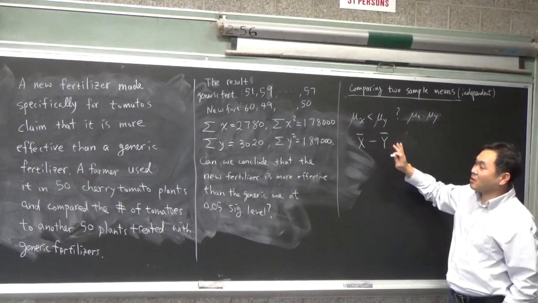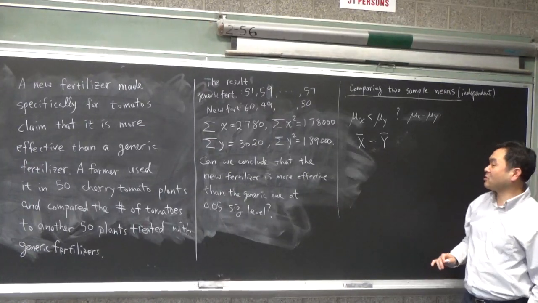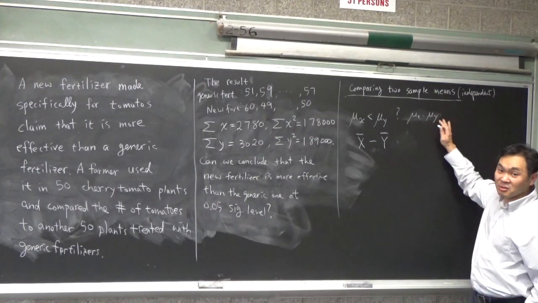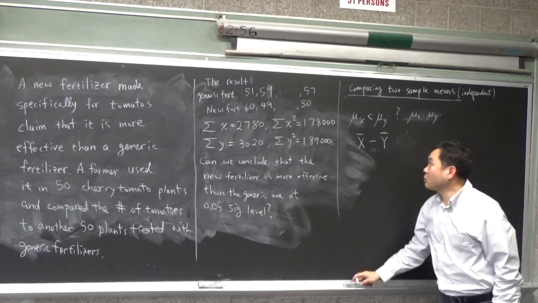If this is strongly negative at the 0.05 significance level, then you can conclude that this is negative with 95% probability. So that's what we want to do.